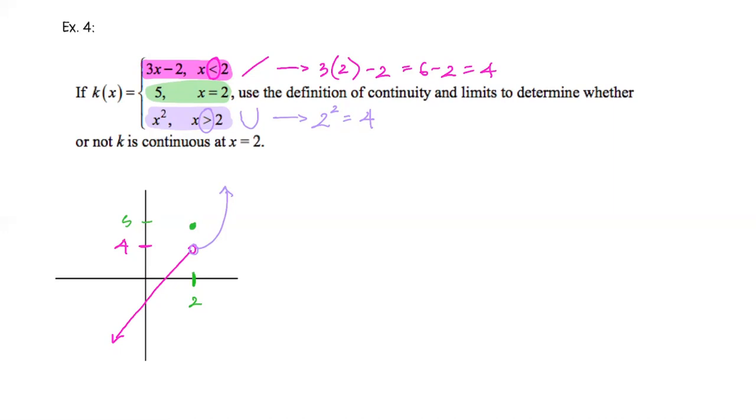Now, if we look at it visually, is this function continuous at x equals 2? And I think we would all look at this and say there's no way that function is continuous at 2, because you had to pick up your stylus to draw different sections of it. And so we can look at this and say that it's not continuous.